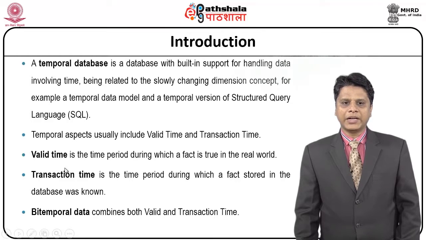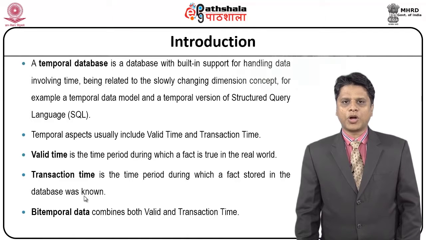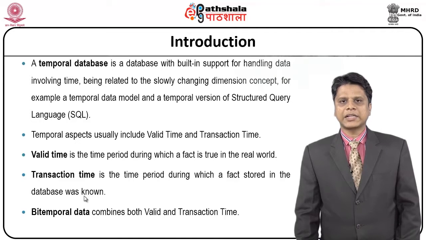I repeat, valid time is a time period during which a fact is true in the real world, whereas transaction time is a time period during which a fact is stored in the database and it was known. So although we understand that the child is born on 17/2/2017, the transaction has actually happened on 18/2/2017.